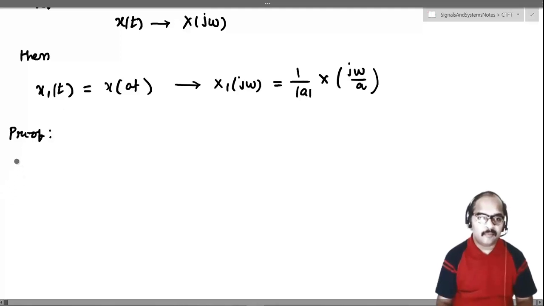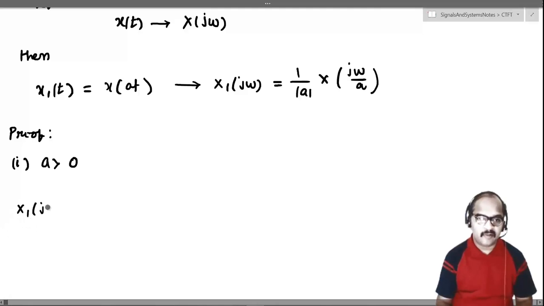But in the proof, let us take two cases. What are the two possible cases here? The first case is when a is greater than 0. We want to find the Fourier transform of x1 of t, which is given by x1 of j omega.